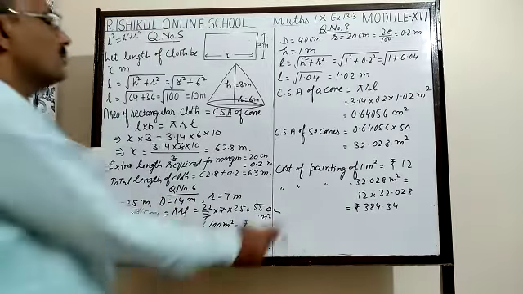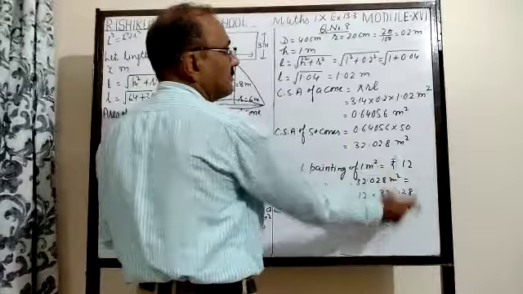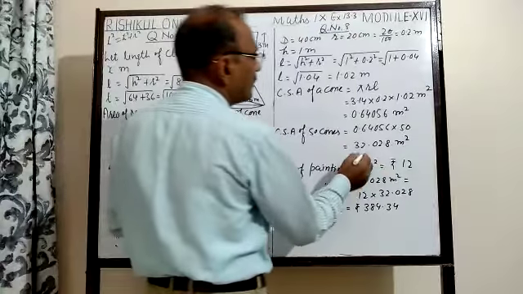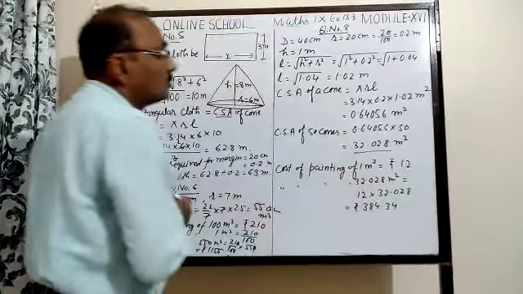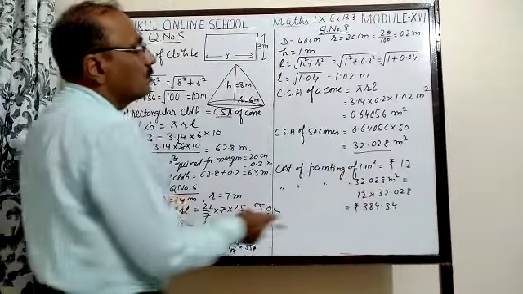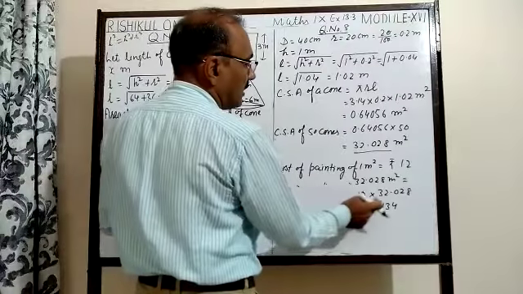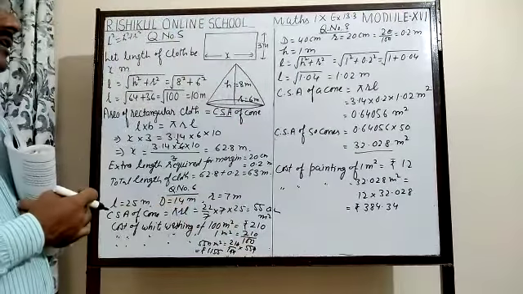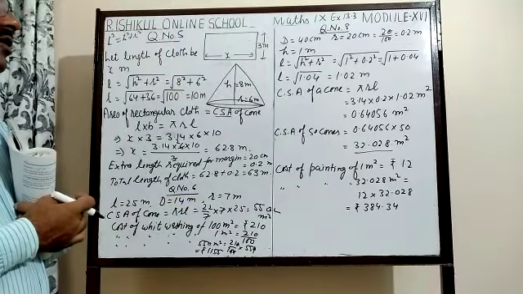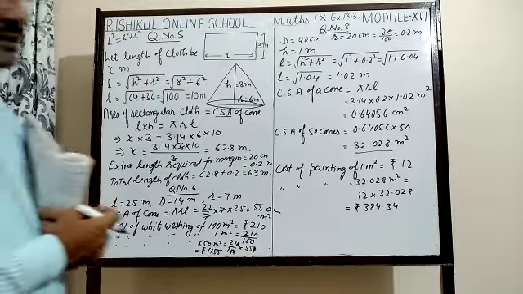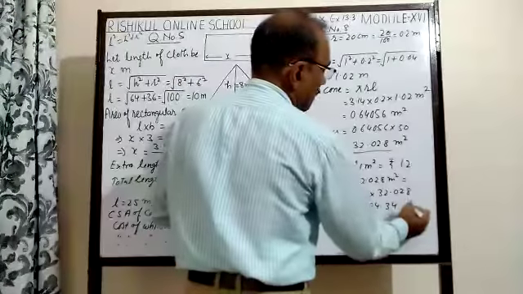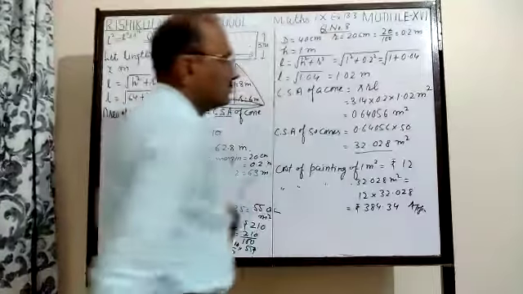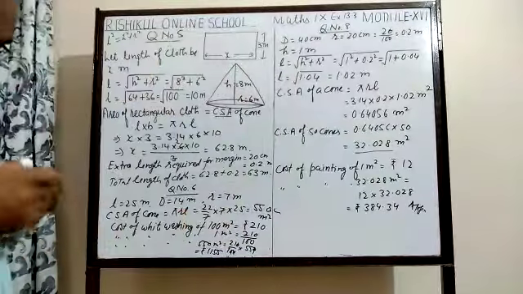The cost of painting 1 meter square is given as 12, so the cost of 32.028 meter square is 12 into 32.028, equal to 384.34 rupees approximately. So thank you students.